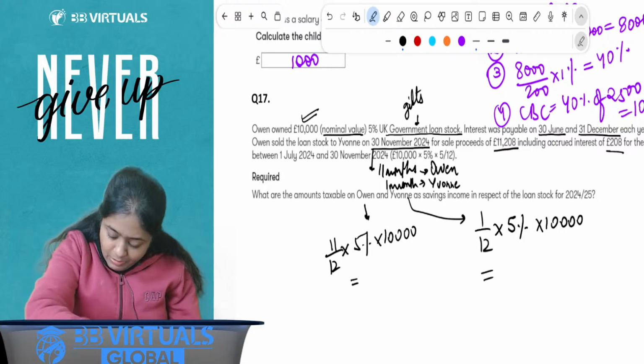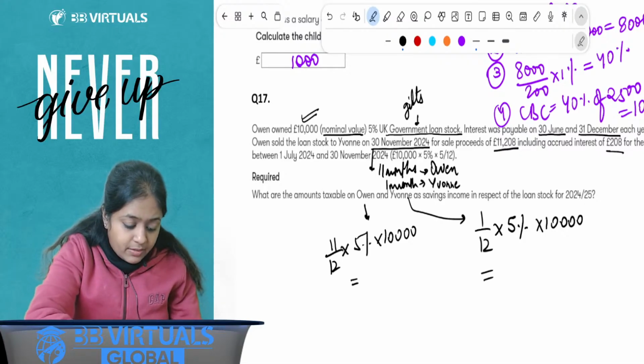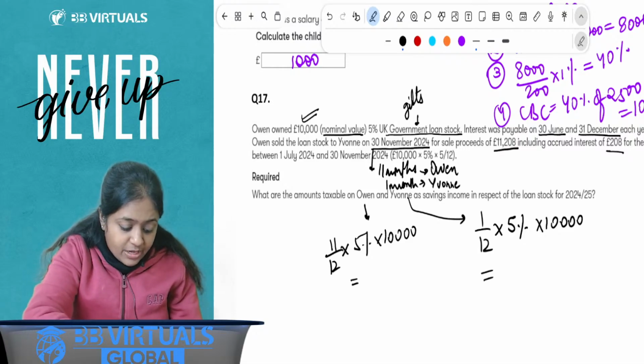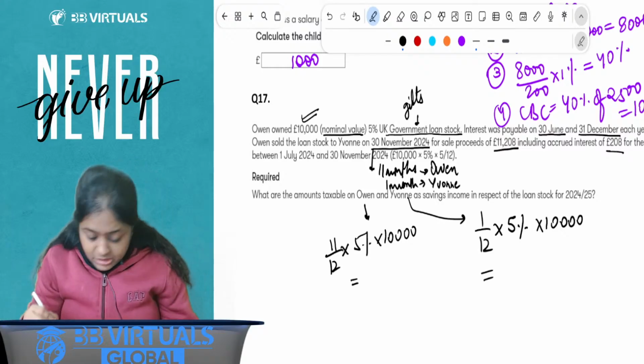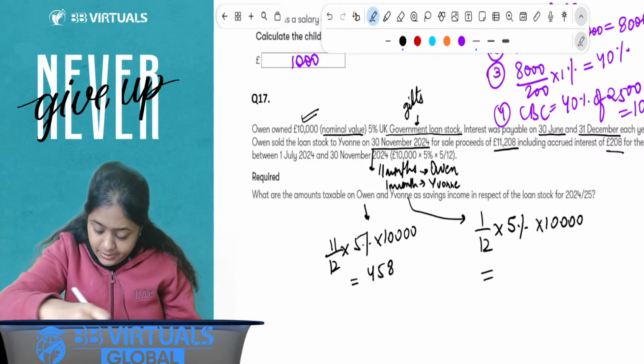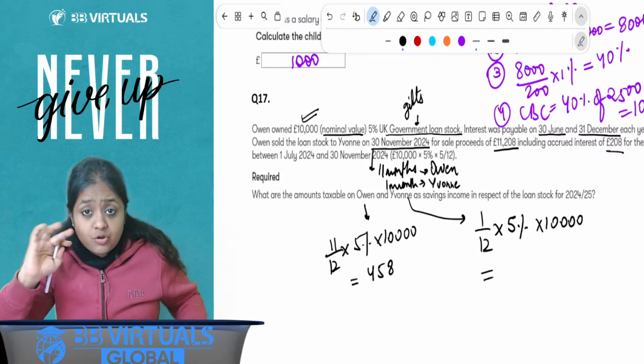Clear? So the amount will be 10,000 multiplied by 5% multiplied by 11 by 12, which is 458. And for Yovan it will be, and you can always cross check also.